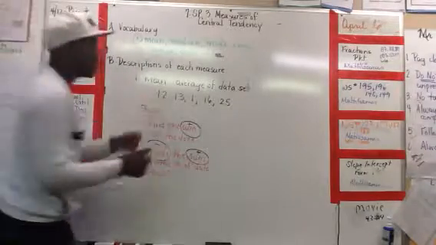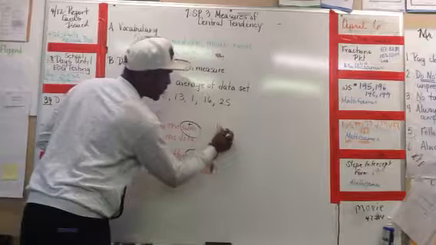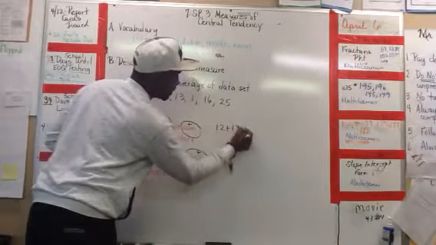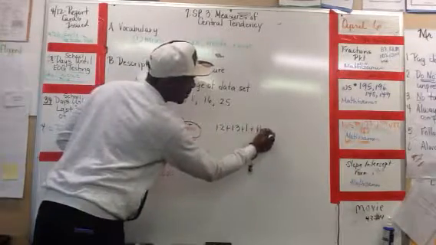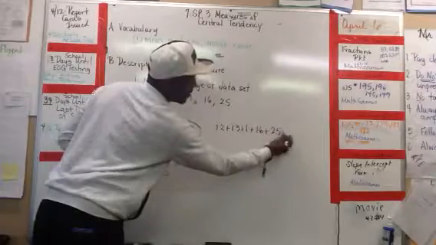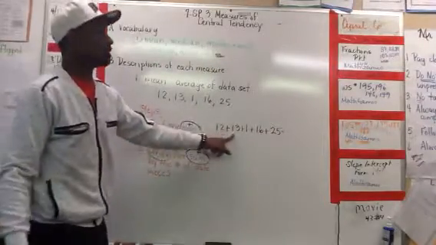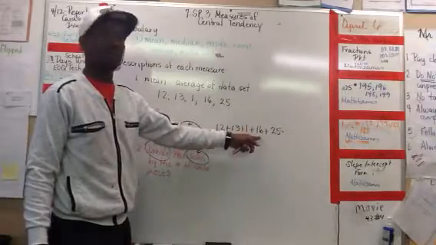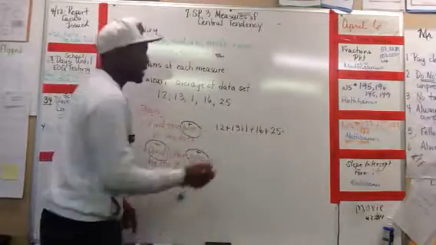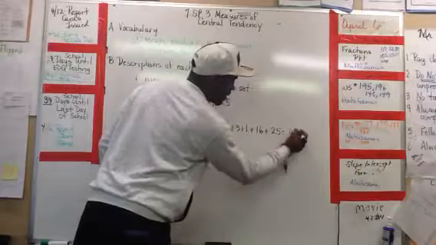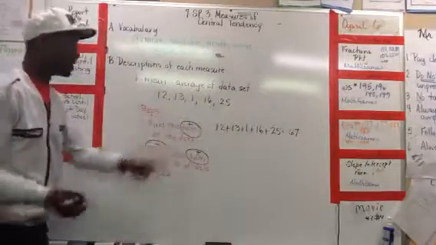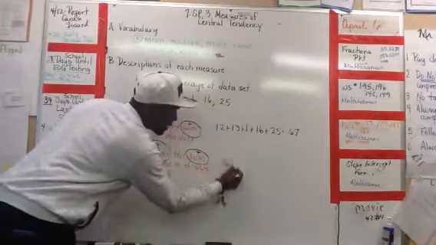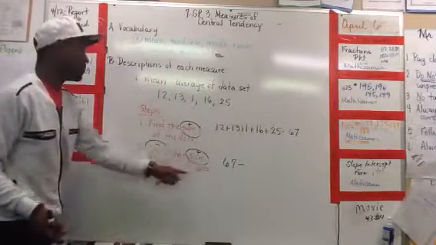If we find the sum of the data, that's doing 12 plus 13, plus 1 plus 16, plus 25. When I add that, 12 plus 13 is 25, plus 1 is 26, plus 16 is 42, plus 25 is 67. Step 2 says to divide the sum, which was 67, by the number of data pieces.